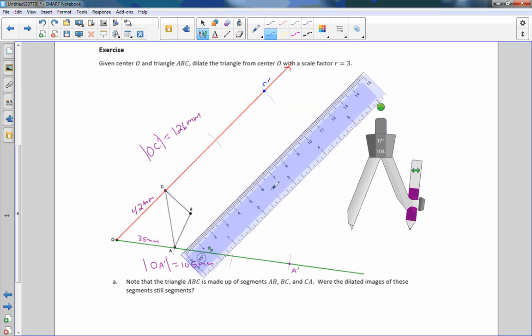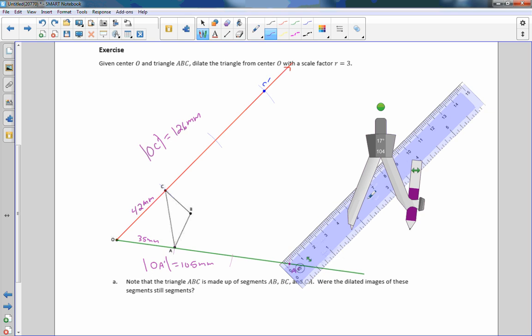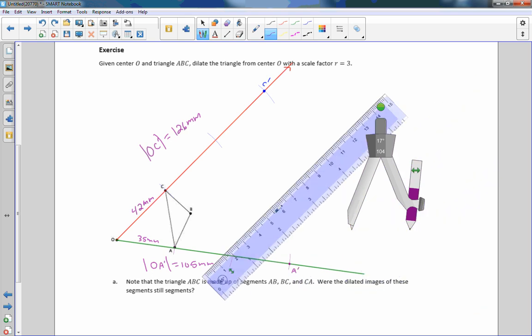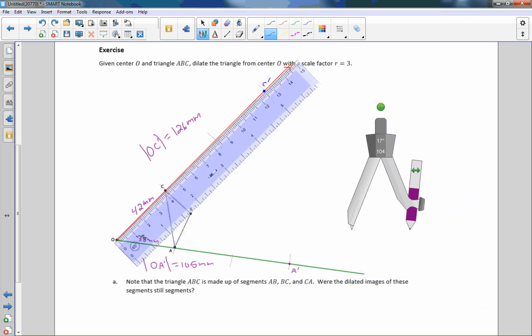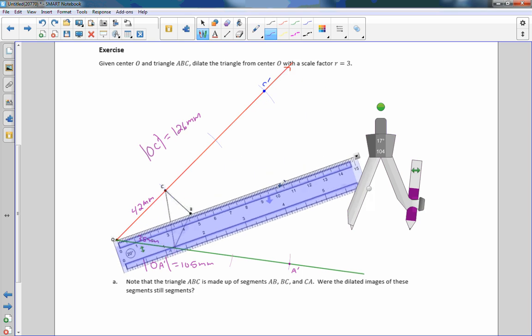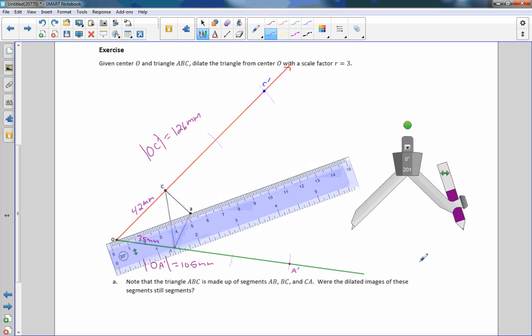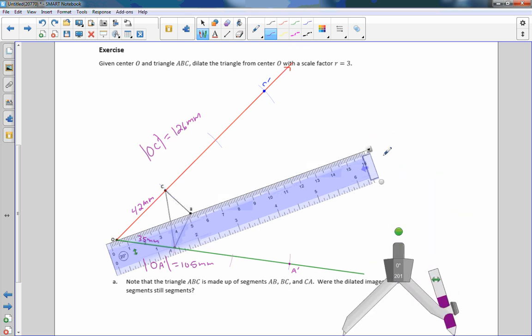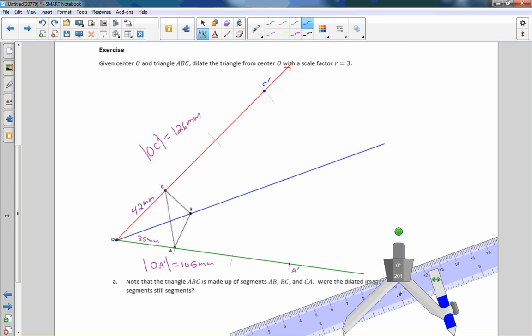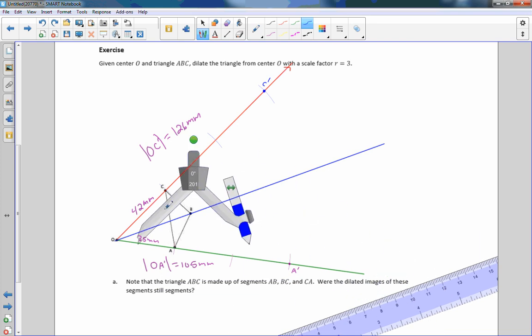Okay, so now I'm going to do the same thing for OB. I'm going to rotate this through B right there, and let me move this out of the way. Extend this out, and I'll do this one in blue. This is the segment that we're going to follow all the way down. Now I'm going to do the same thing with my third point.